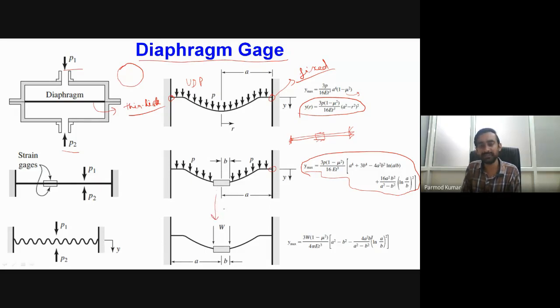The only difference is that now instead of having a uniformly distributed pressure, we are having some localized pressure which is acting close to the inner hinged surface of the diaphragm. So this is the inner hinged surface, and close to that only some localized pressure is actually acting. Okay, so in this particular type of situation, we will be having the maximum deflection of the diaphragm, which can be obtained from this particular relation.